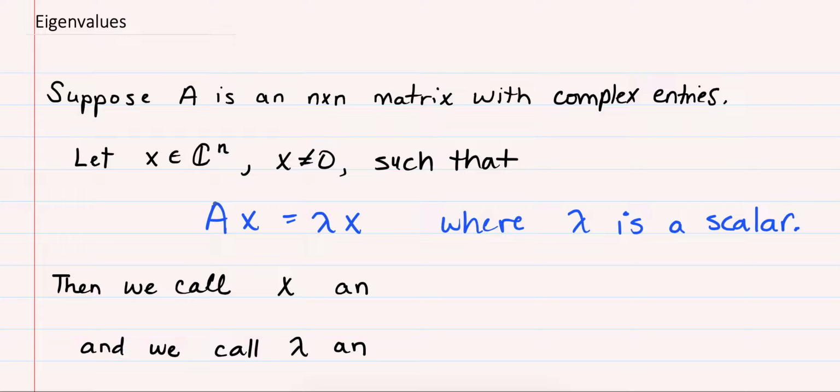But this is actually a special column vector. It's the actual column vector we originally multiplied A with, times some number. So we call this vector x that has this property an eigenvector. And we call the scalar that's in front of the x an eigenvalue.